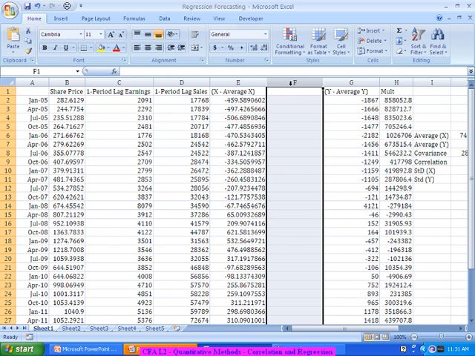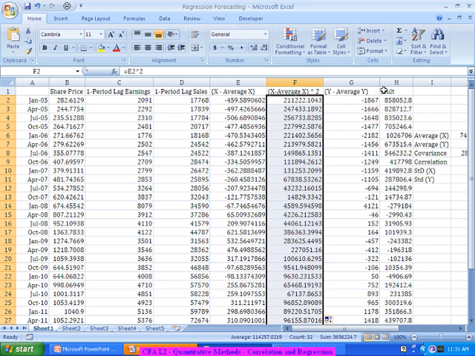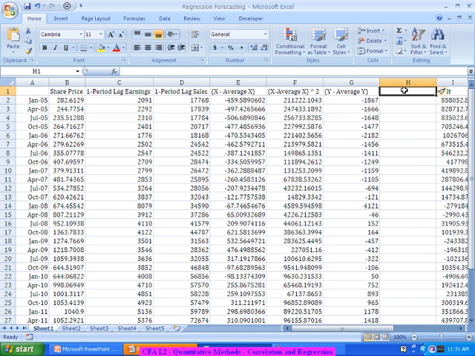The x minus x bar square, which is coming out to this is my x minus x bar square. Same way I do y minus y bar squared.